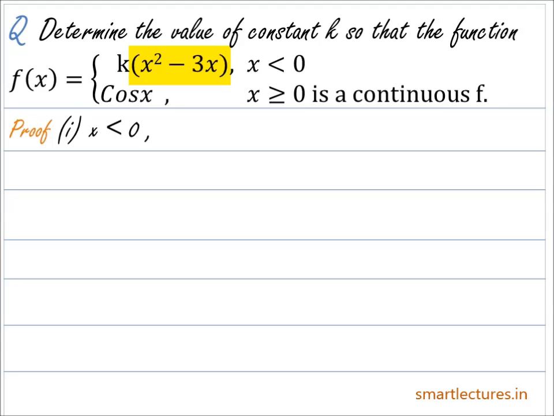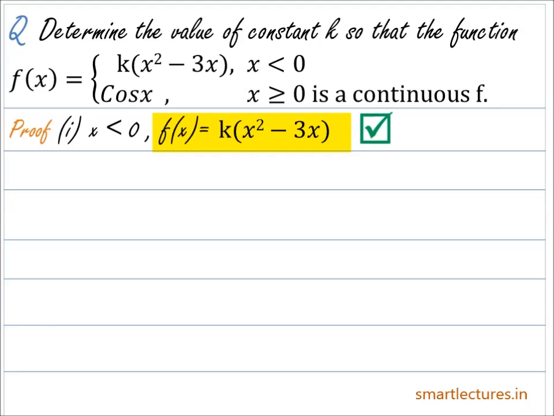So that means k into x square minus 3kx is also a polynomial function. And now kx square minus 3kx is a polynomial function, and every polynomial function is a continuous function. So that means if x is less than 0, then in that case f of x is a continuous function.